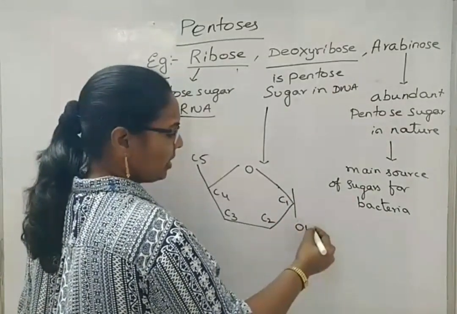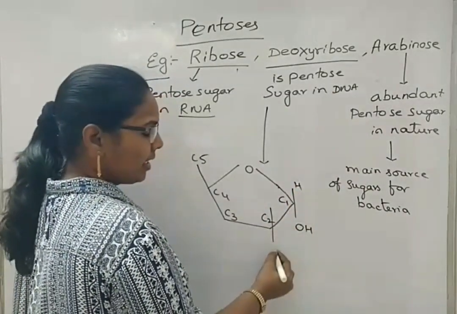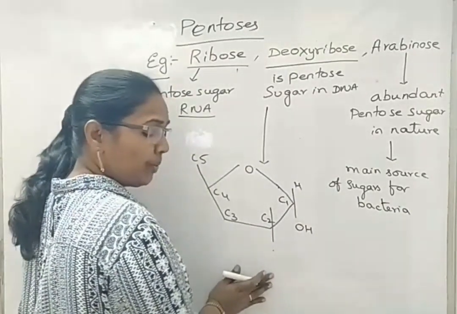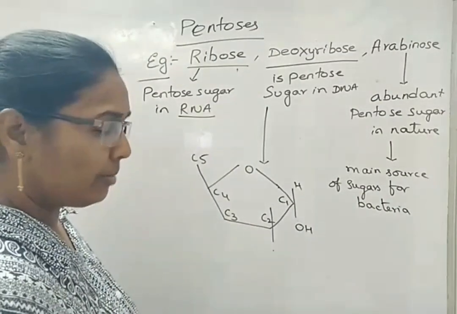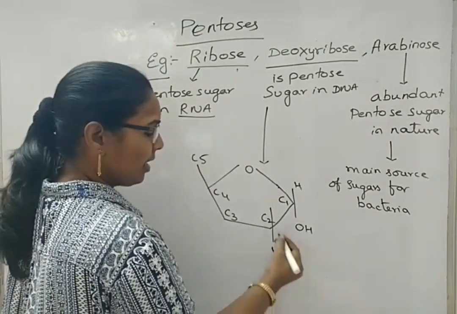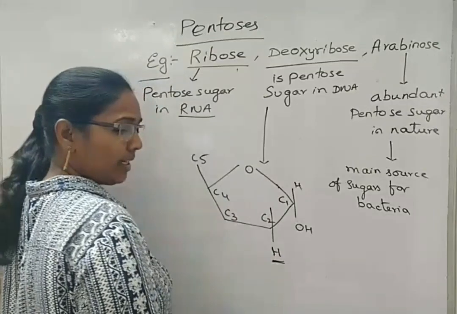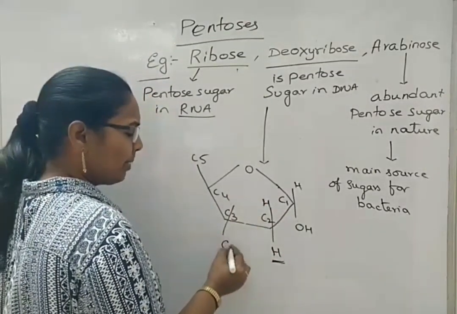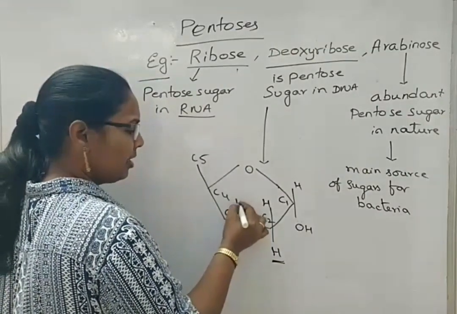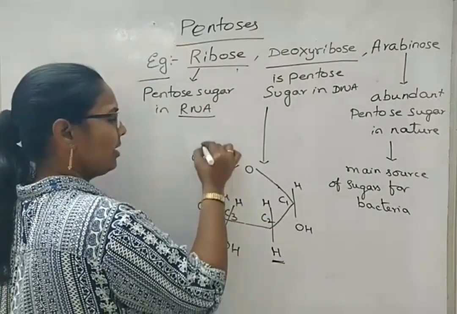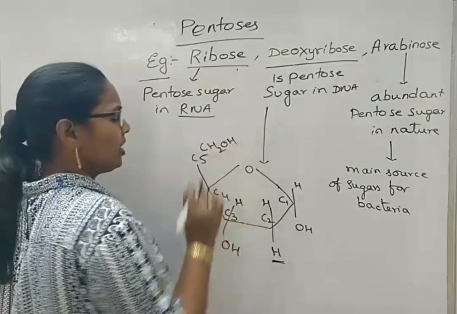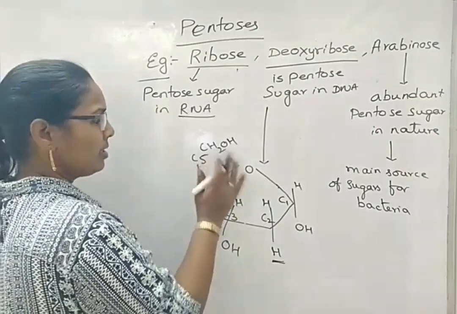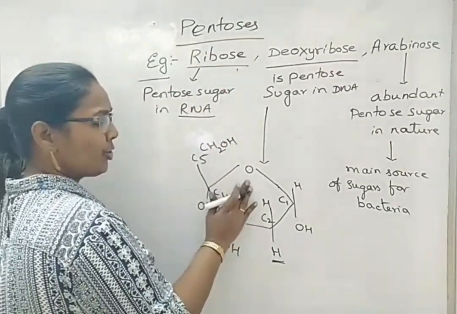Now, again the same structure, but here instead of OH, as we have seen how the OH group is removed with the help of water molecules, it exists only with hydrogen at the second carbon and again hydrogen here, but at the third carbon there is OH, H, OH and here CH2OH is present at the fifth carbon position. Now this is nothing but under pentose sugars.